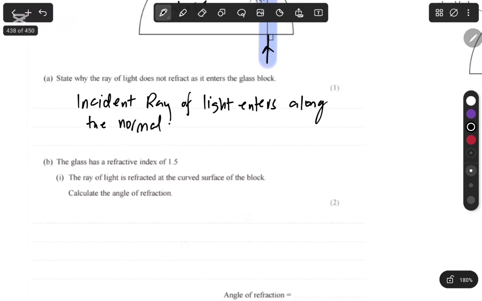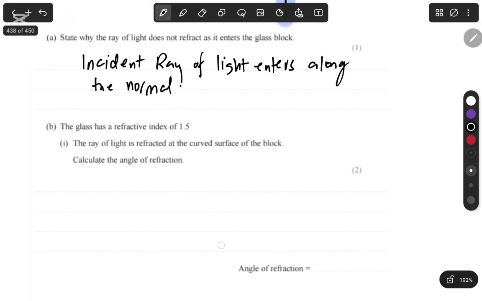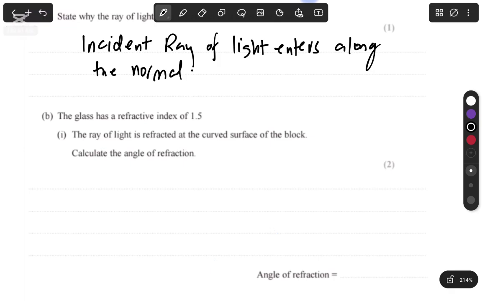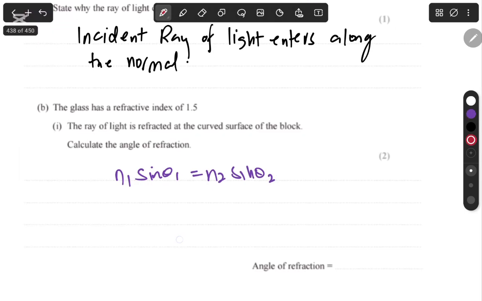Now they say that the glass has a refractive index of 1.5. The ray of light is refracted at the curved surface of the block. Calculate the angle of refraction. We can use the formula n1 sin theta 1 equals n2 sin theta 2. This is all about glass and this is all about air.